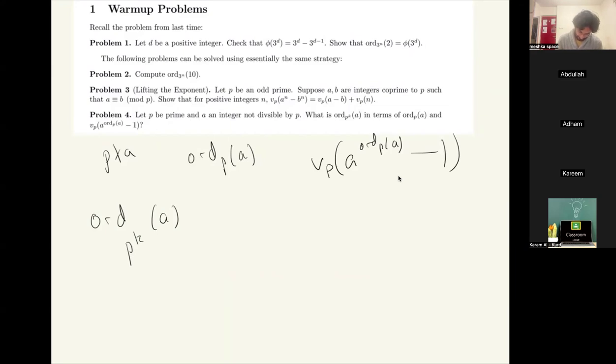Okay, so let's call this one D and this one R. So D is the order, and R is the total number of prime factors P you get when we take A to the power of the order, minus 1.